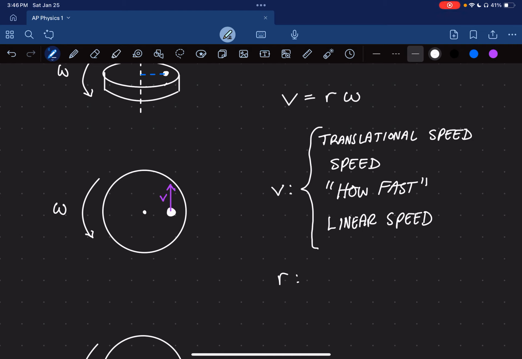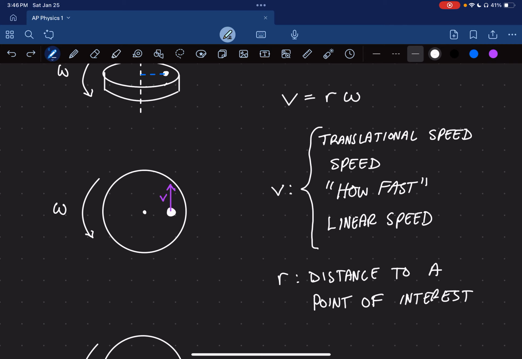r is the distance from the axis of rotation to a point of interest. And sure, oftentimes it might be on the rim, but in this case, this coin is some distance here, which is not the radius of that circle.